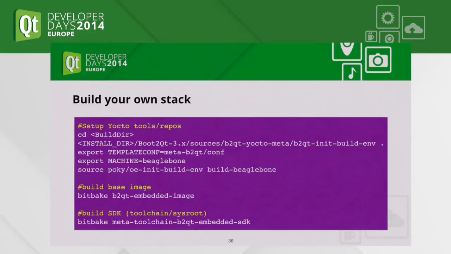And then from there, it's just a matter of setting those two environment variables, this template conf and machine. Template conf points to a template that we have that will generate the Yocto-specific configurations for building our distro and pulling down the layers, or making sure that it's associated with the layers that you need. And the machine variable defines what piece of hardware you're building for.